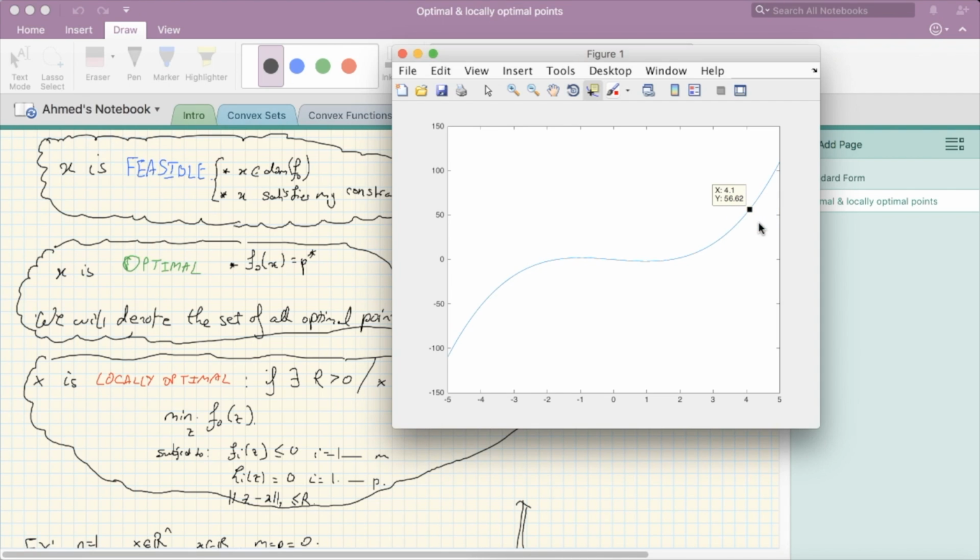So if you're on a monotone function and you pick a point, there's always going to be a point just next to it that's doing better. However, this is not the case when you're at the local optimum, which is x equal to 1. Because if you draw a circle right here, it's at least doing better than the one on the left and the one on the right.